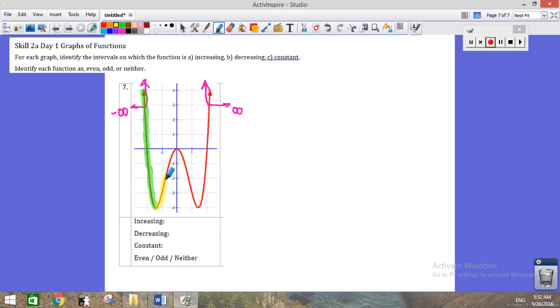So here on this interval, as x increases, y is also increasing. Then there's another change. So it's kind of a roller coaster ride, isn't it? You're going down, and then all of a sudden it changes, and you're going up.